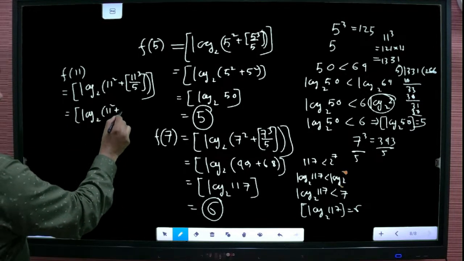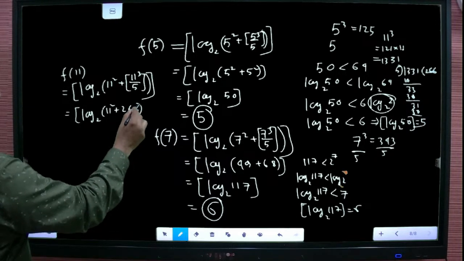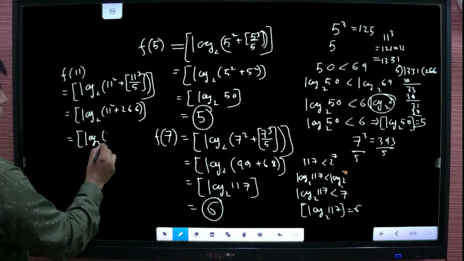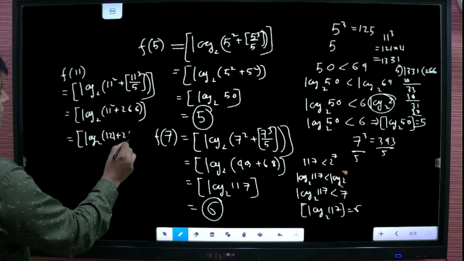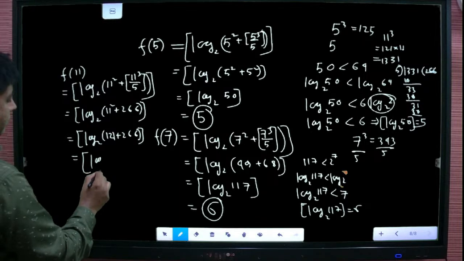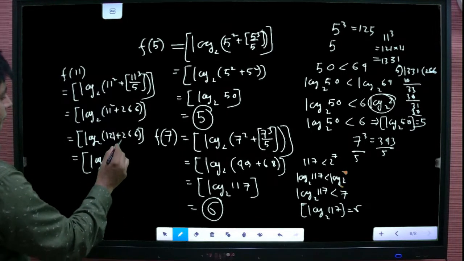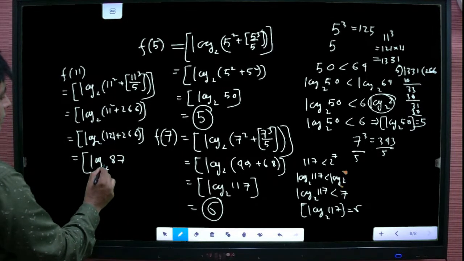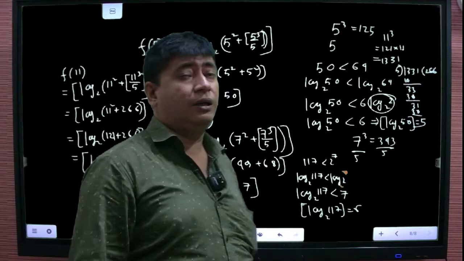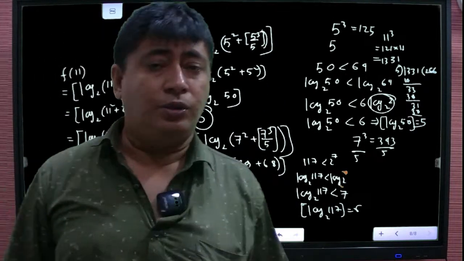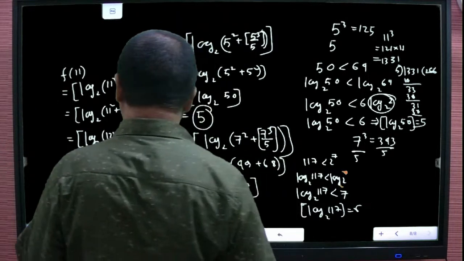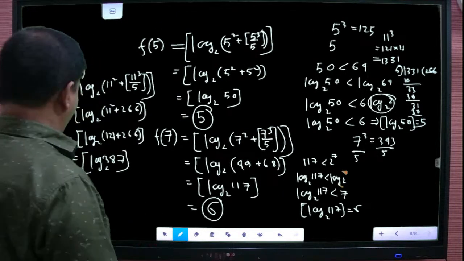11 square plus 266. So log base 2 of 121 plus 266 will give you what? 387. Now 2 to the power 7 is 128, 2 to the power 8 is 256, 2 to the power 9 is 512.